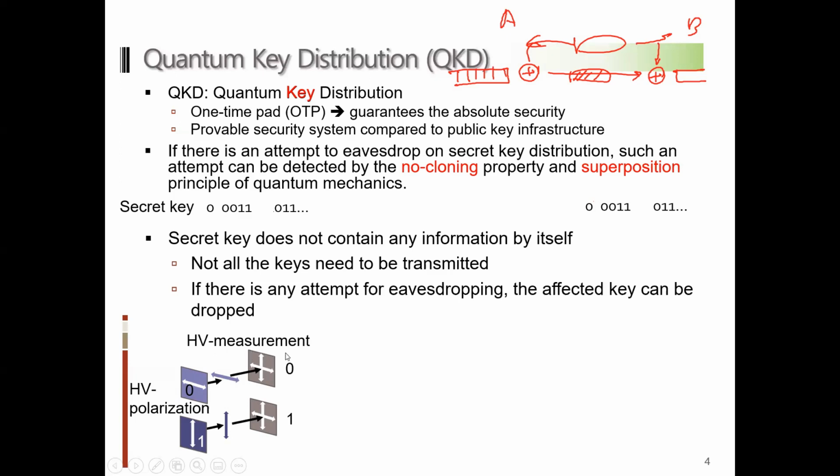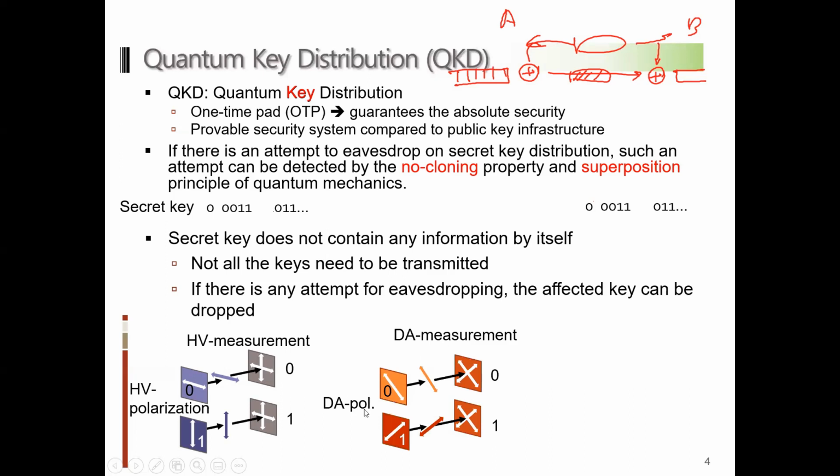And if the receiver uses the correct angle of polarization, then if this is Alice, Bob will exactly measure the transmitted information, like a 0 and 1.